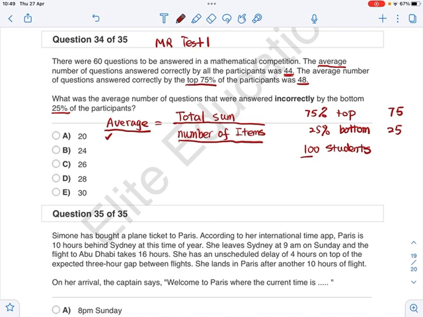If the total is 100 students, and we know the average is 44, so the sum of the total correct questions made by these 100 students will be equal to 4,400. This is the sum in total.